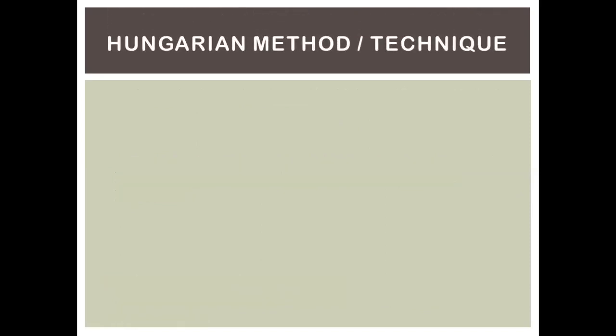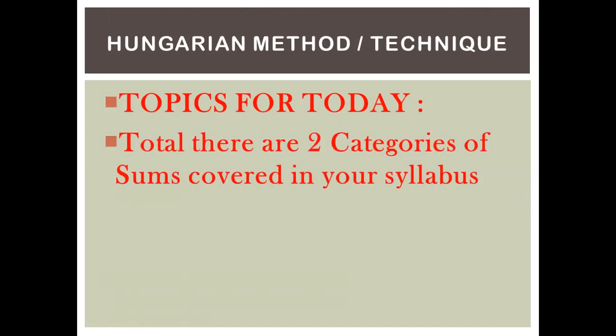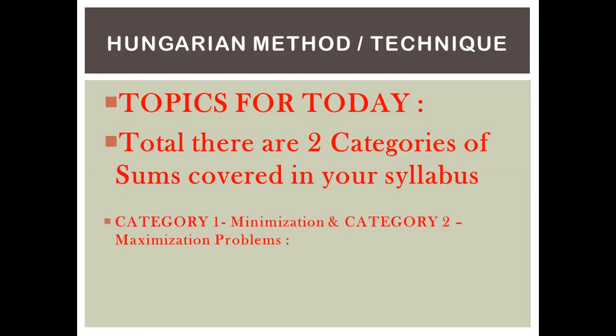So here we start with the Hungarian method. Now class, before I move on to the further topic, just pay attention to this particular slide. Today, there are two categories of sums covered in your syllabus. One is minimization and the other is maximization. As you all know, optimization problems deal with two objective functions, either minimization or maximization.